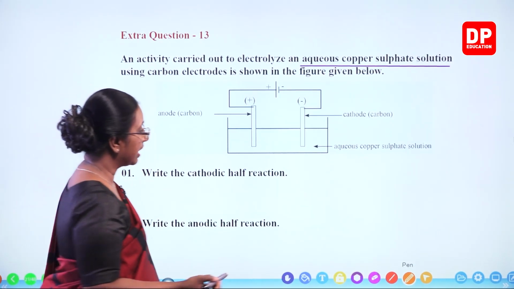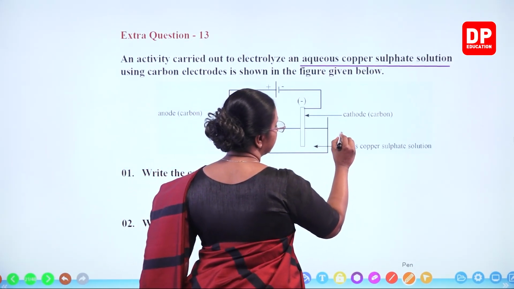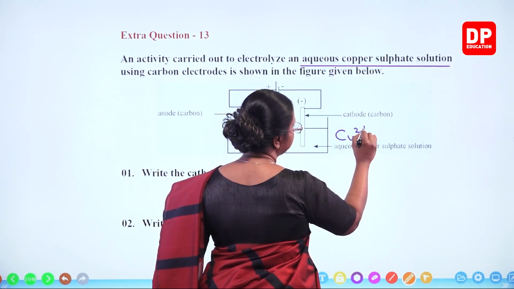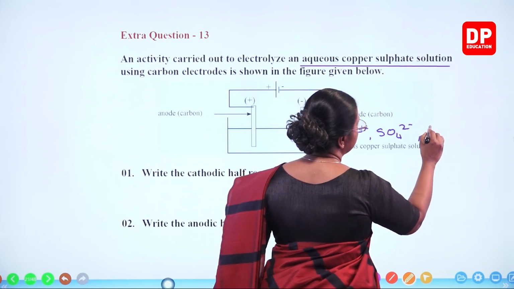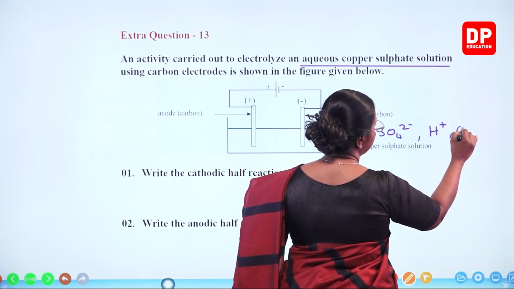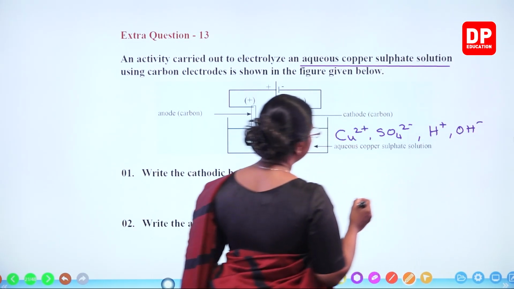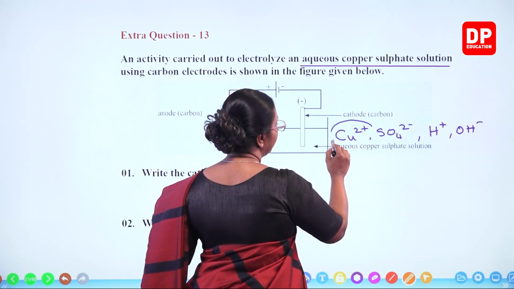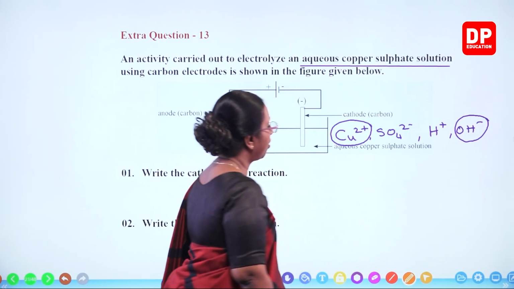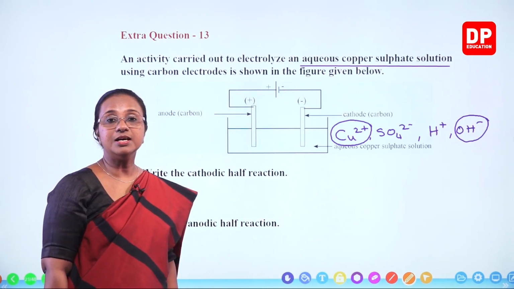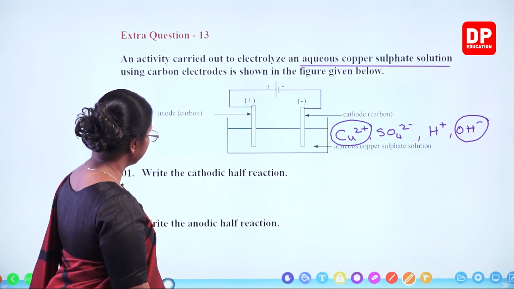So here what are the ions present there? Cu2+, SO4 2-, and H+ and OH-. Now after these you all know Cu2+ will get reduced and OH- will get oxidized. That is how the ions get reduced and oxidized.